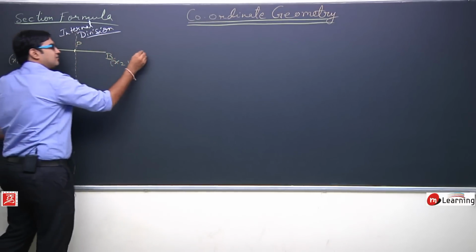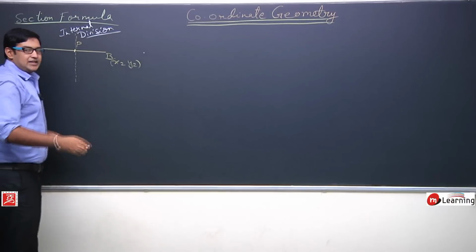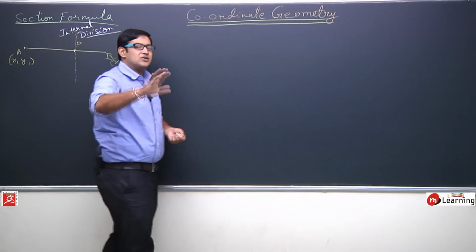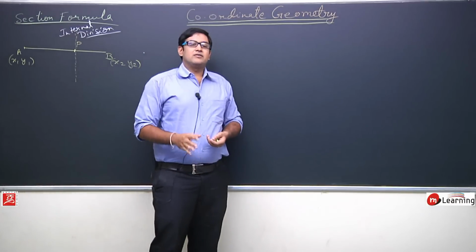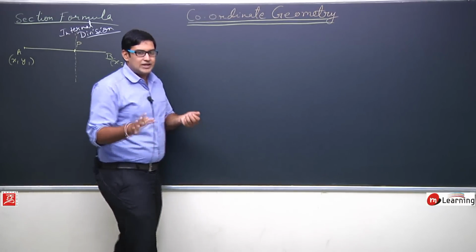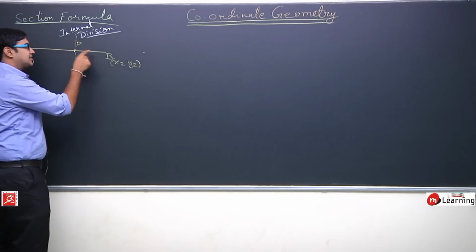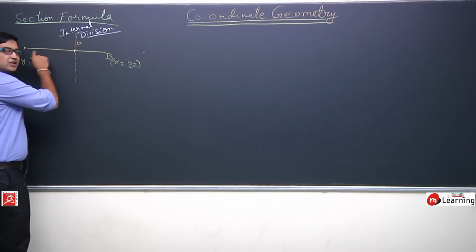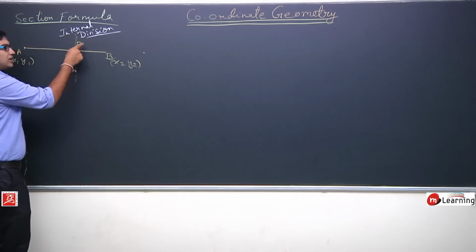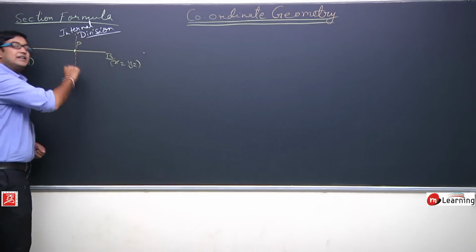If the P point lies somewhere outside, then I would say it divides externally, but that is not our concern. We are not going to discuss that concept. We are strictly sticking to this concept, that the P point lies on this line segment, that is, the P point divides this line segment internally.